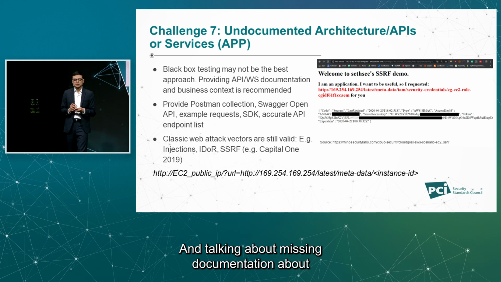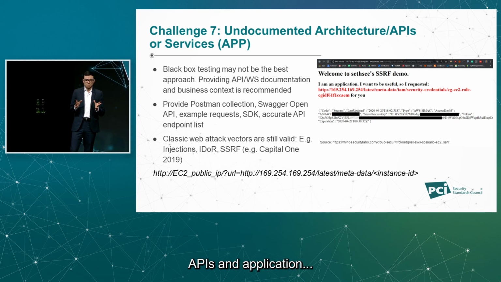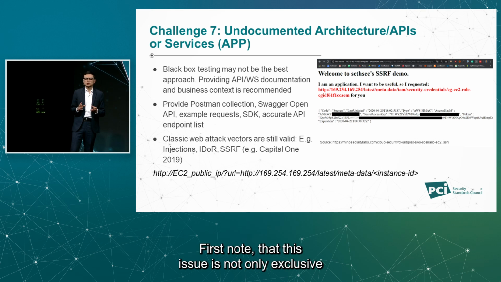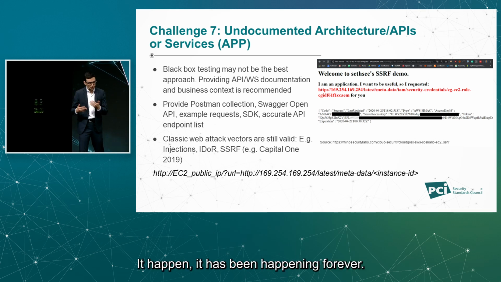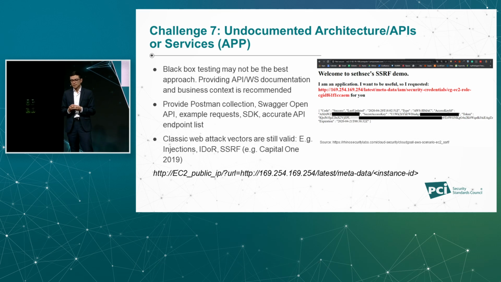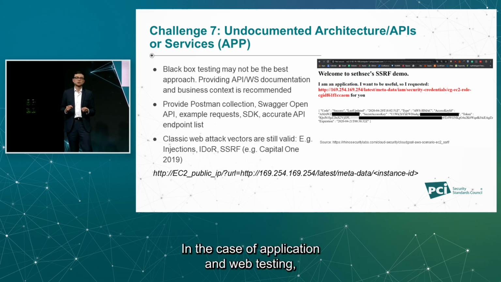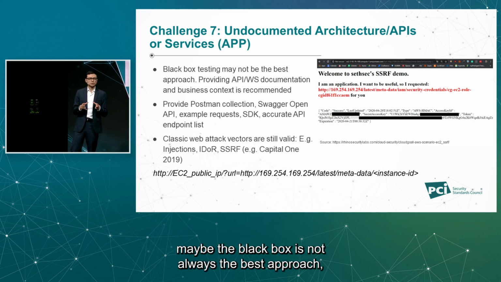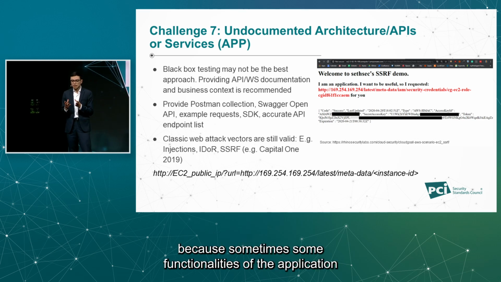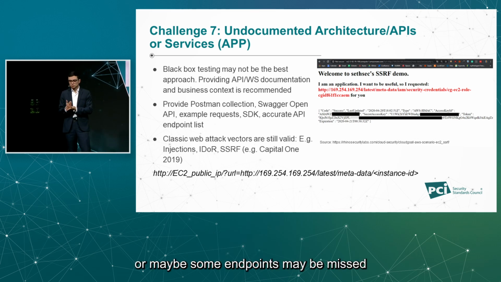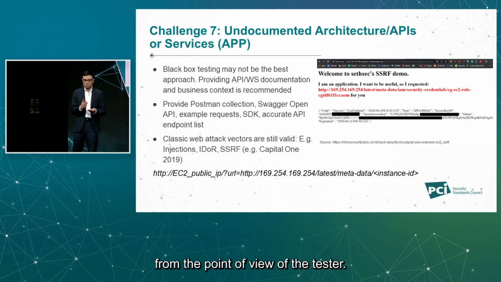And talking about missing documentation about APIs and applications, first note that this issue is not exclusive to cloud environments. It has been happening forever. In the case of application and web testing, maybe black box is not always the best approach because sometimes some functionalities of the application or maybe some endpoints may be missed from the point of view of the tester.